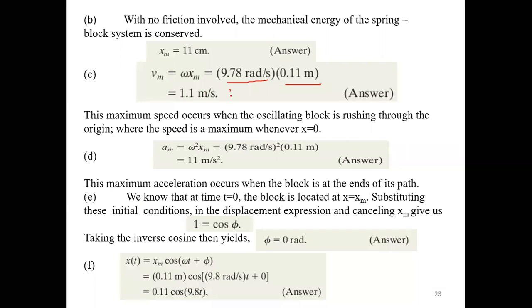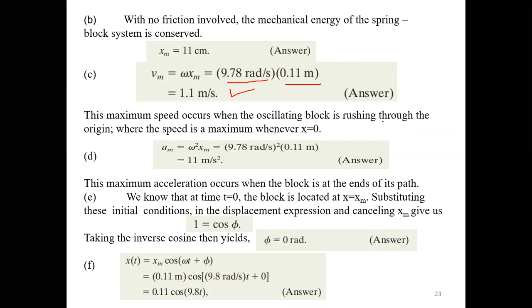The maximum speed occurs when the oscillating block is rushing through the origin. We have seen it earlier, because at the extreme point it has potential energy. When it moves to the equilibrium position, its kinetic energy is maximum.